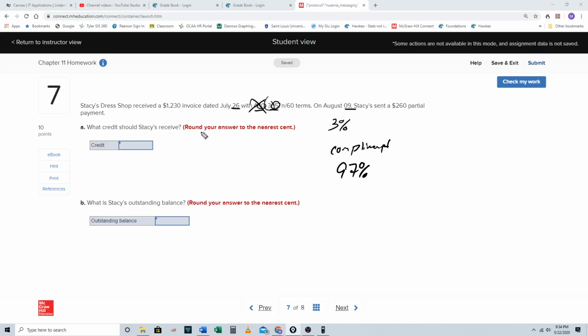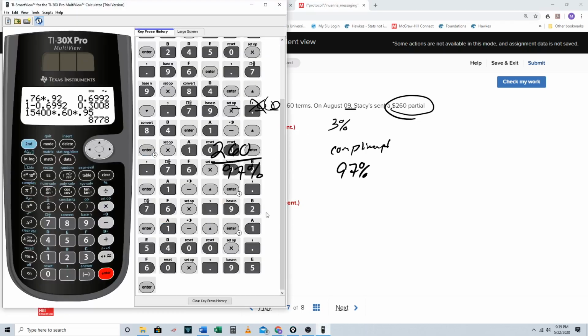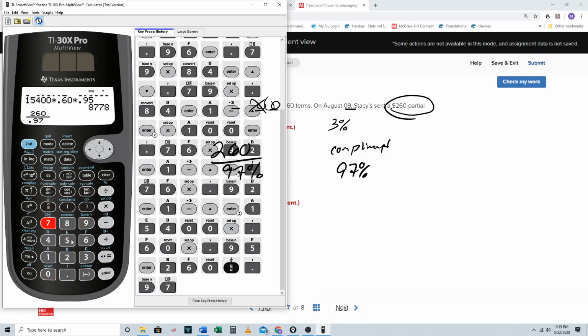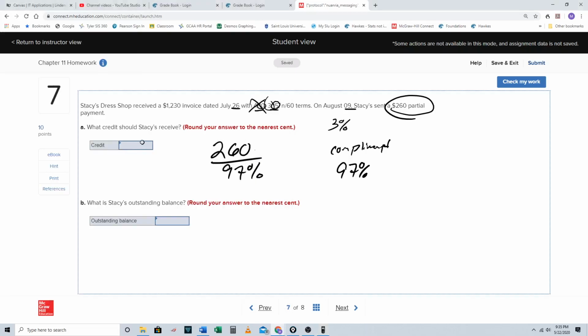He's going to receive a credit of the payment amount, $2,600, divided by 97%. So 2,600 over 97%. So they're going to credit her $268.04.